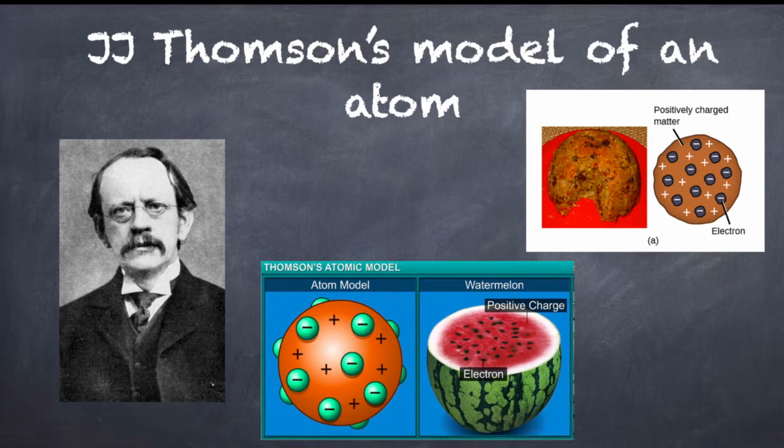He said that the larger mass, that is the positive charge, is present in a large area inside the atom, and the electrons are present only embedded inside the positive charge. However, this did not hold good for long.